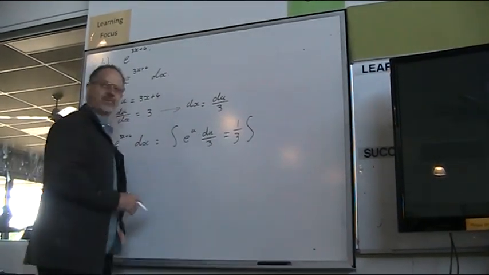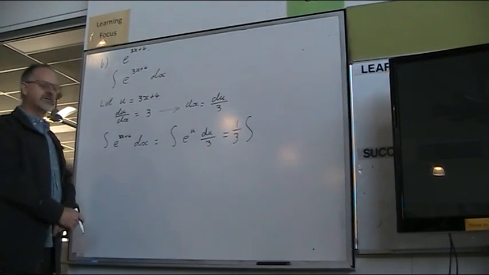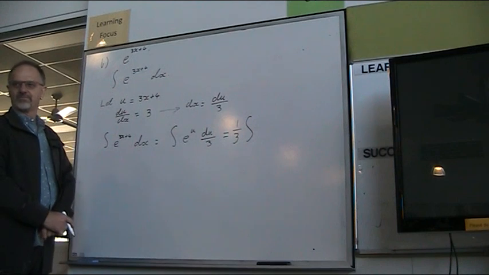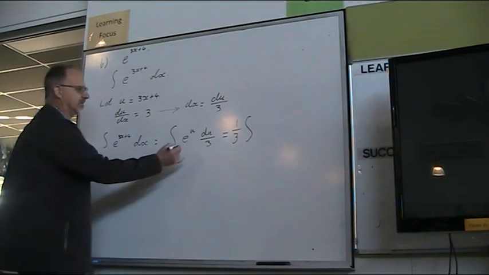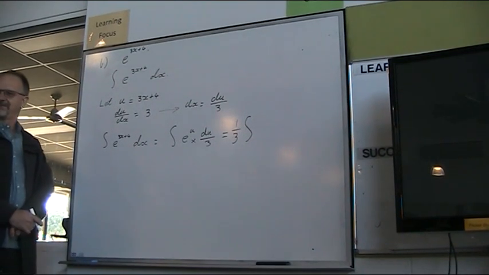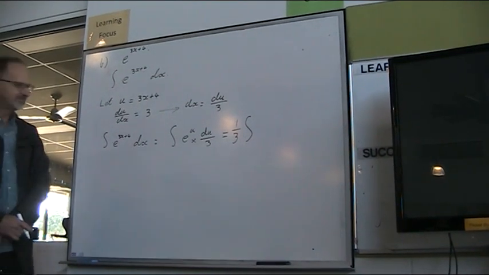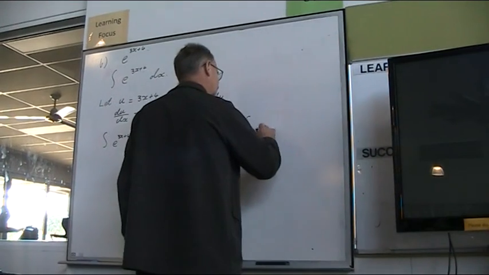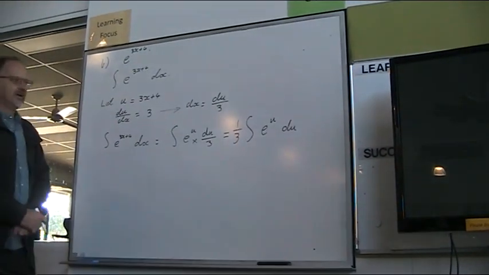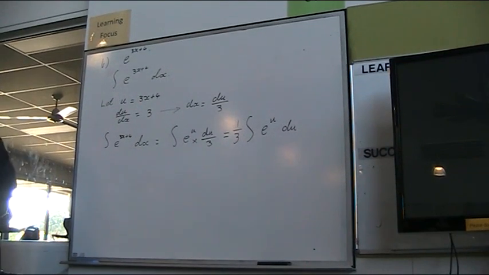But if that's not a common factor. Yes, it is. Why is it not a common factor? Because e to the u is not over 3. All right. And so now we've got e to the u, du.